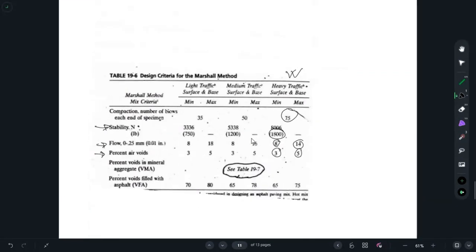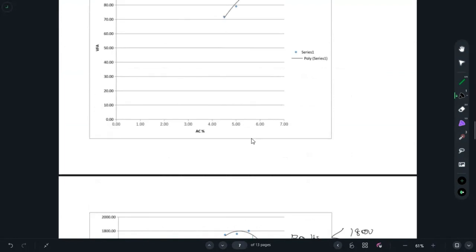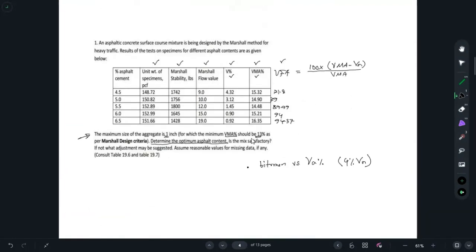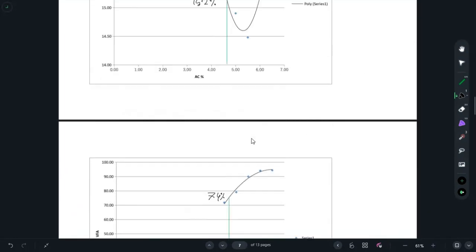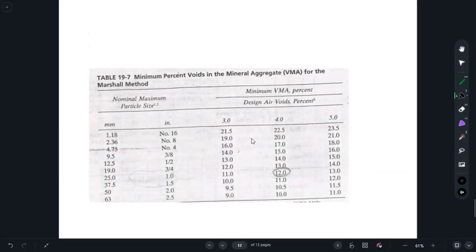The next criteria is percentage of voids in mineral aggregate, which is VMA, and it was told that the VMA should be 13% in the question. But if you want to find out yourself, we had a nominal maximum particle size of maybe 1 inch. Yeah, it was 1 inch, and for 4.65 it should be around 12 and 13.